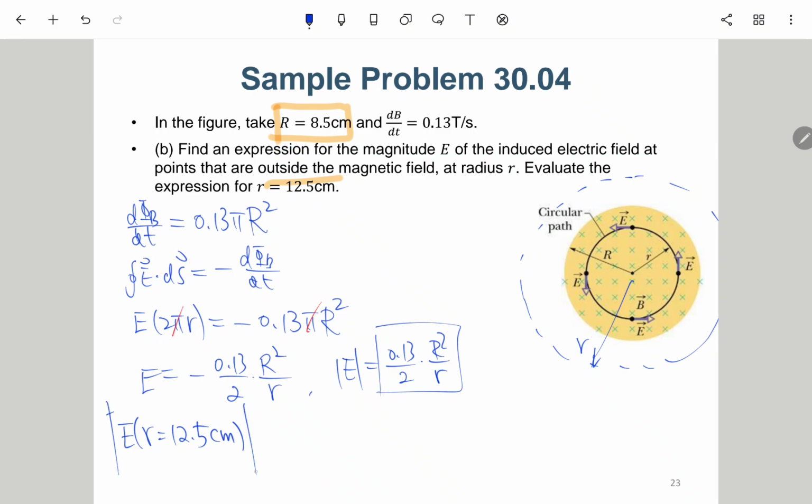Here we just need to plug in the numbers: 0.13 over 2 times 0.085 squared over 0.125. So this is 3.8 millivolt per meter. Okay, the values are similar.